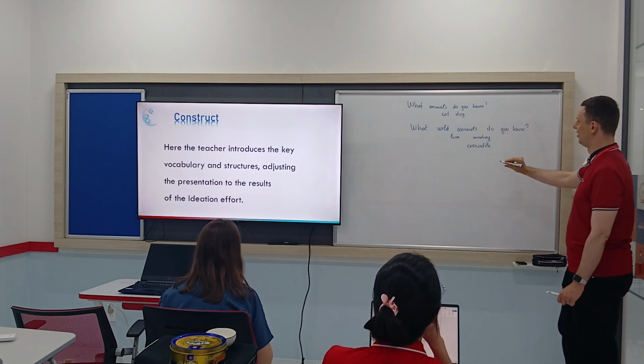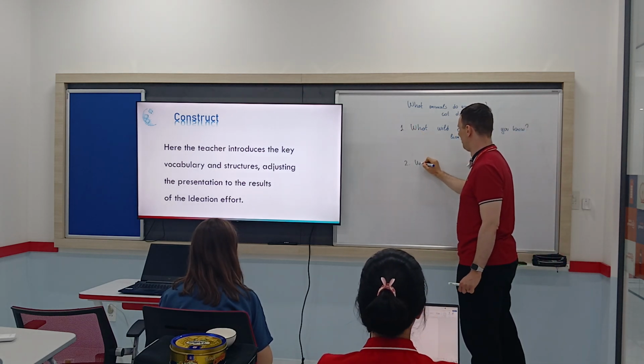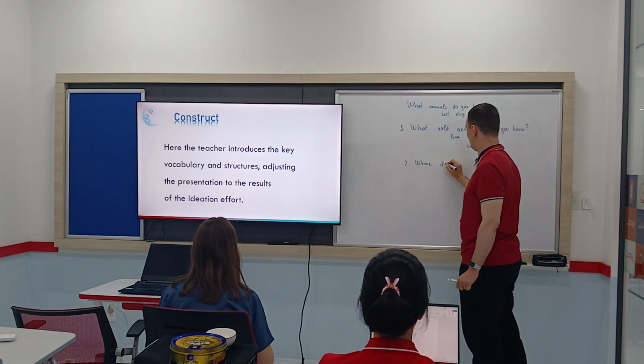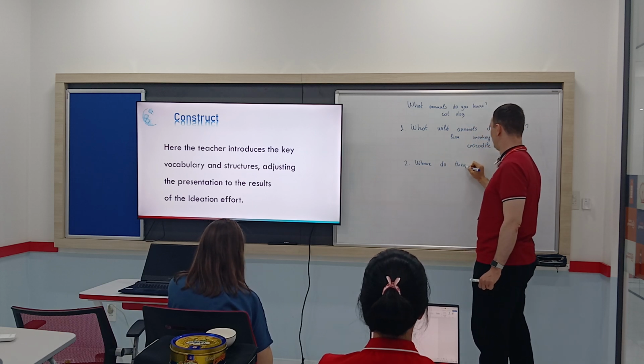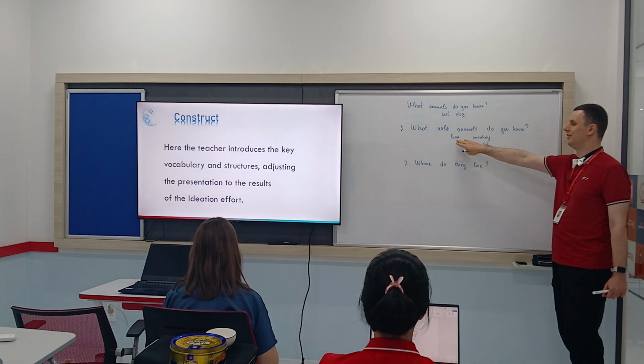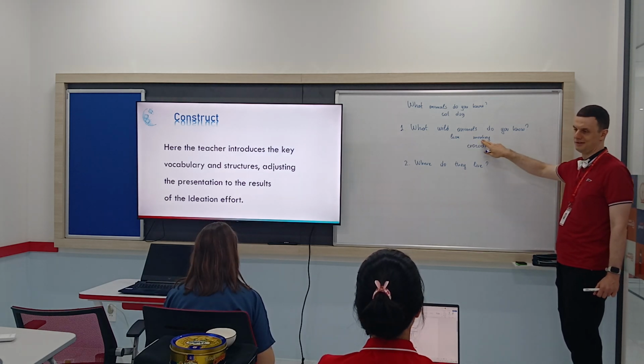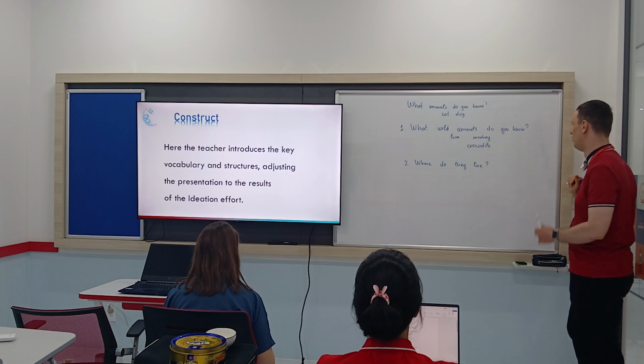And now you ask, where do they live? This is the first question, this is the second. Where do they live? They can tell you the monkey lives on trees. Most likely they know the word tree.